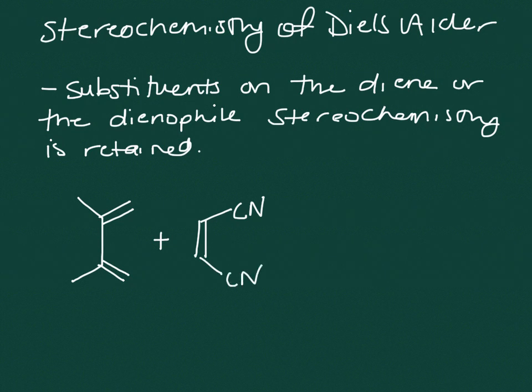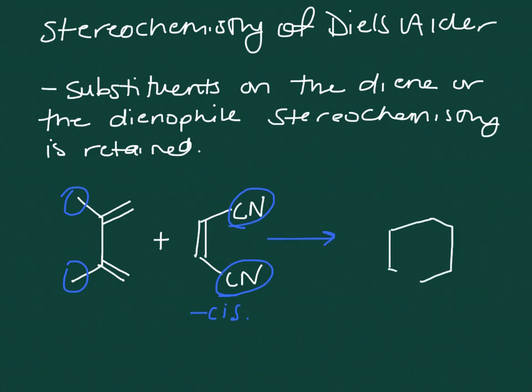So you can see we have two methyl substituents on our diene, and we have two cyano substituents on our dienophile. Here the substituents are cis to each other. When we have reaction, our substituents will remain cis to each other.